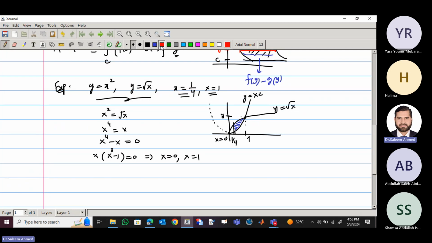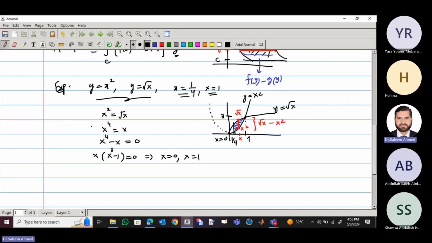Now if you draw any x here and draw a vertical line, your upper curve is square root of x and the lower curve is x squared. So this distance will be the upper curve minus the lower curve.